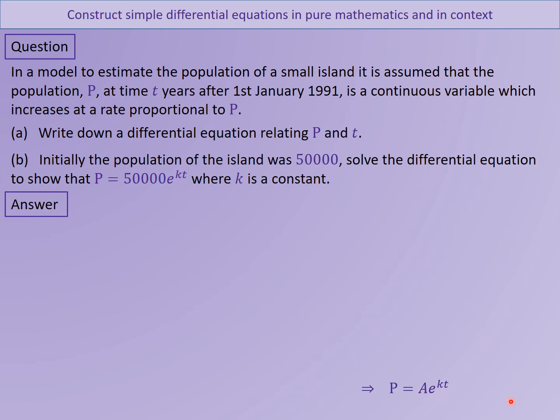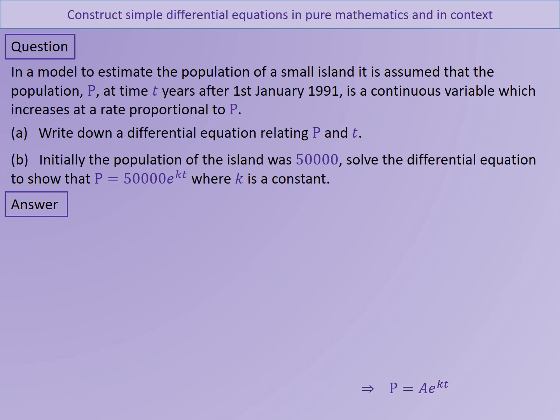So I've got my general solution, but I haven't finished answering this question. It's saying initially the population of the island is 50,000. The key word there is not the 50,000, it is the word initially. If we're talking about rate of change over time, initially is when time starts, in this case on the 1st of January 1991.